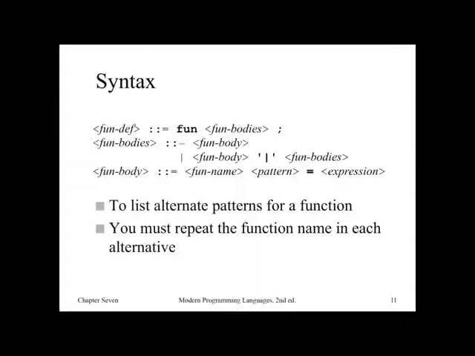Well, welcome to it. Reading from the top, a function definition is defined as, the colon-equals just means is defined as, the keyword fun followed by this thing called fun bodies. Fun, it's horrible. We should find other words.